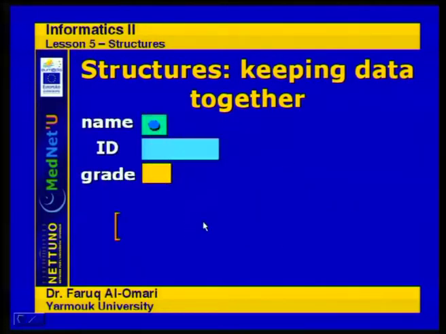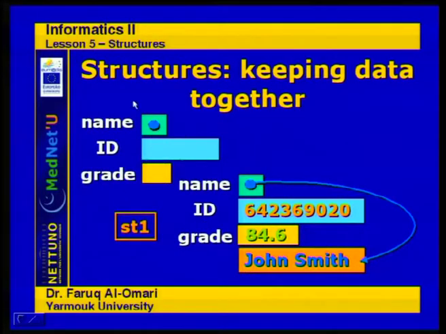Okay? So basically, when I define my structure, then I'm defining a data type that has 3 fields in it: a pointer to a character set or string, an ID field of type long integer, and a grade of type float.